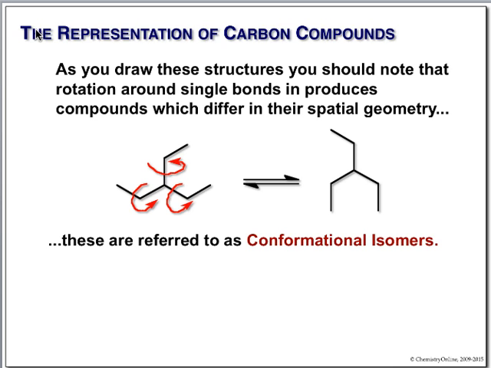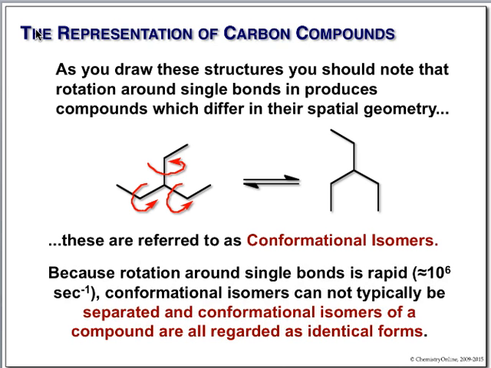And we're going to refer to these as conformational isomers. An isomer will have the same numbers and types of atoms, but they'll be arranged differently somehow. These are arranged differently simply based on their conformation. Again, because they rotate and interchange so rapidly, we just consider these the same compound.